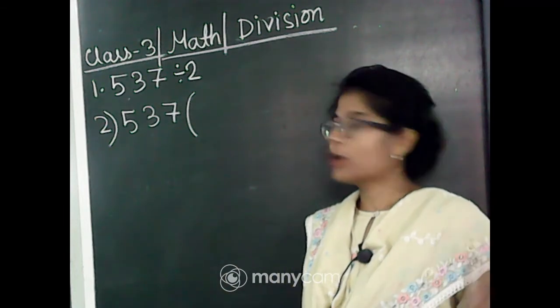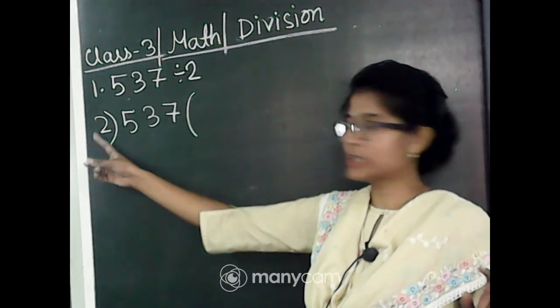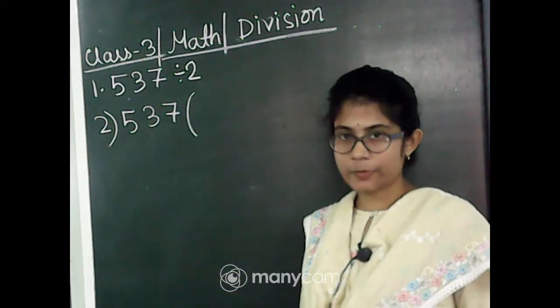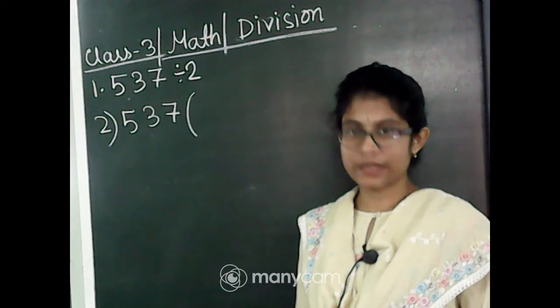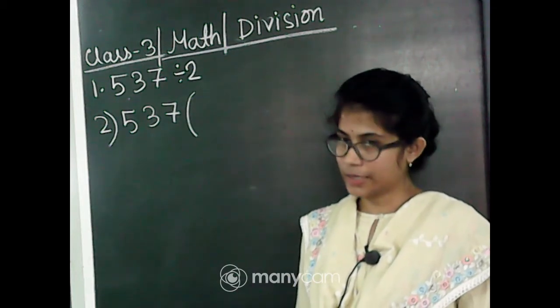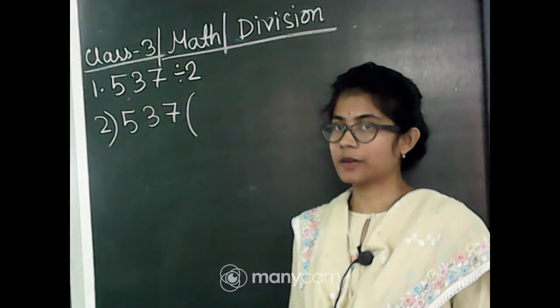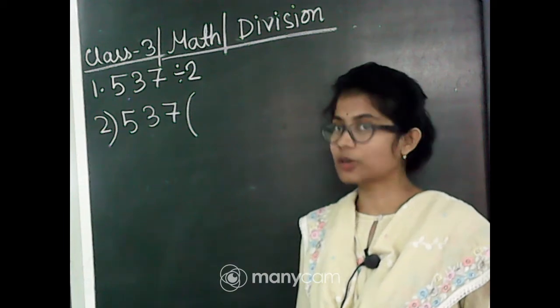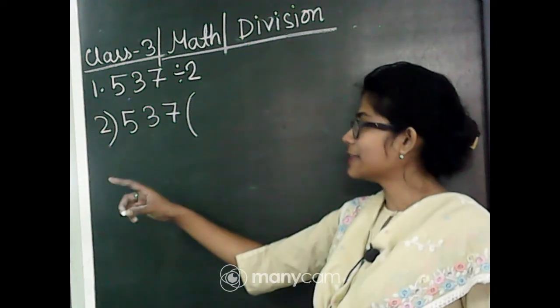We always look at our divisor, and whatever part of the dividend we take, it can't be less than the divisor. It should be bigger, but not that much bigger.